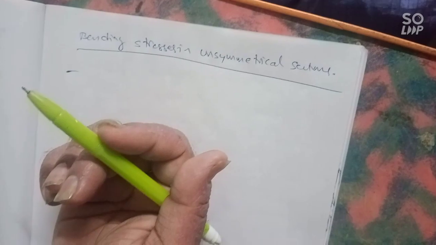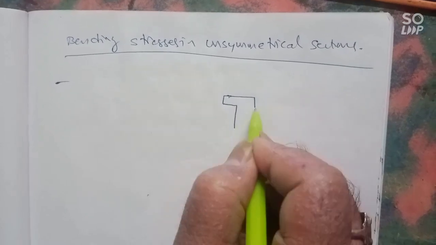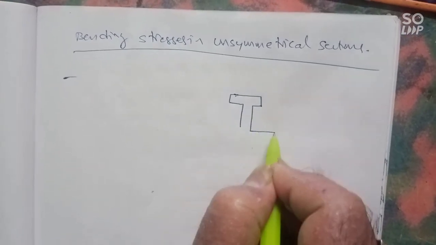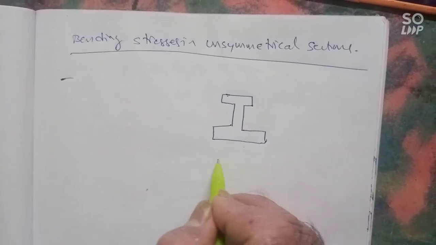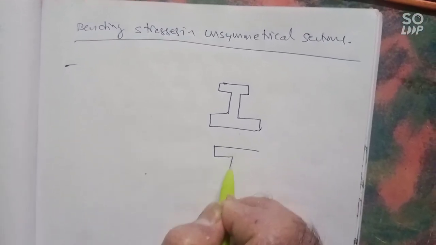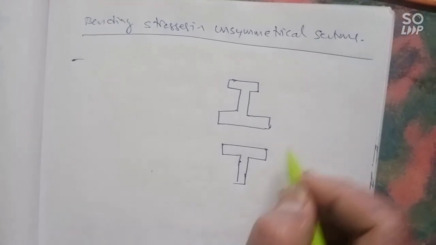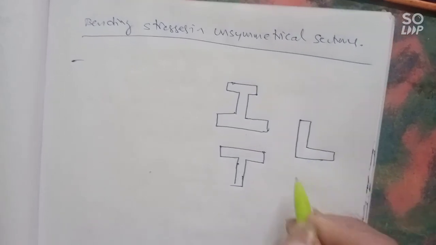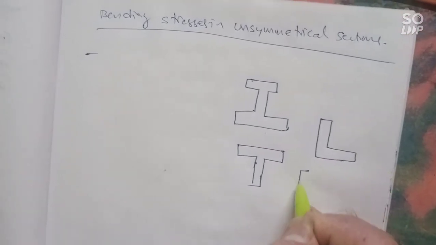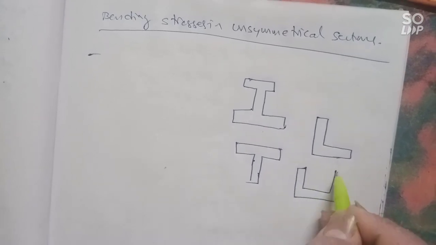But in case of unsymmetrical sections, suppose an I section, it may be like this, or a T section, or an L section, or a channel like this.